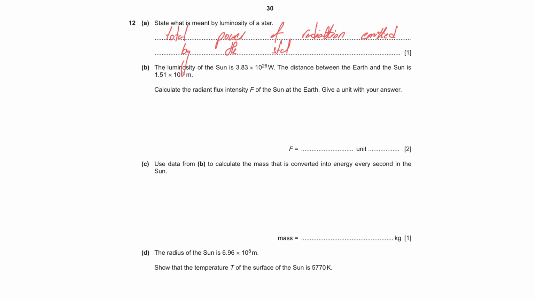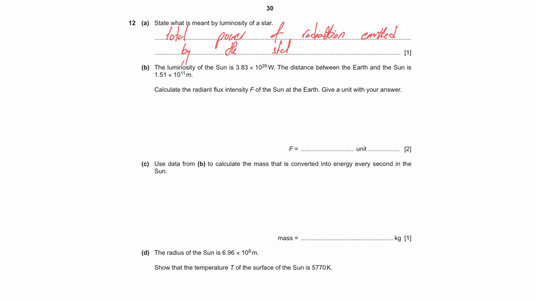The luminosity of the sun is 3.83 into 10 to the power 26 watts. The distance between the earth and the sun is 1.51 into 10 raised to the power 11 meters. Calculate the radiant flux intensity F of the sun at the earth. Give a unit with your answer.